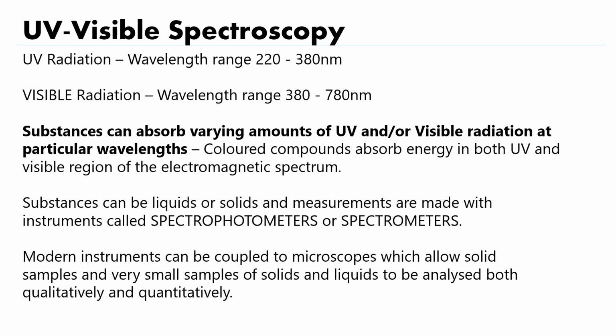Colored compounds absorb energy in both the UV and visible region of the electromagnetic spectrum, and these substances can be liquids and solids, and measurements are made with instruments called spectrophotometers, or simply spectrometers.